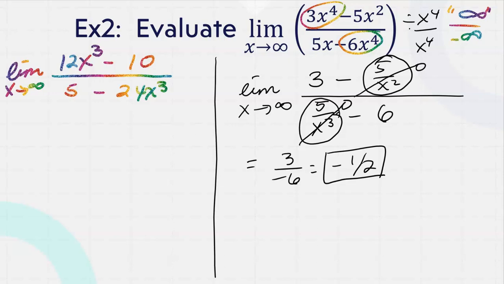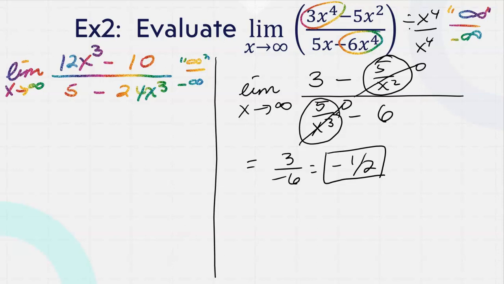Now here again, when x is very large, we have x to the third, which is a big number, divided by the bottom, negative 24 times x to the third, a negative big number. So again, it's of the form where I can apply L'Hopital's rule one more time.